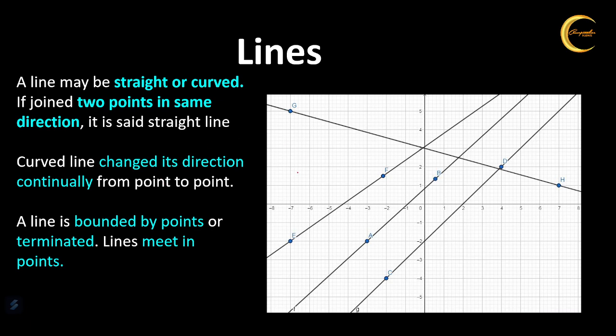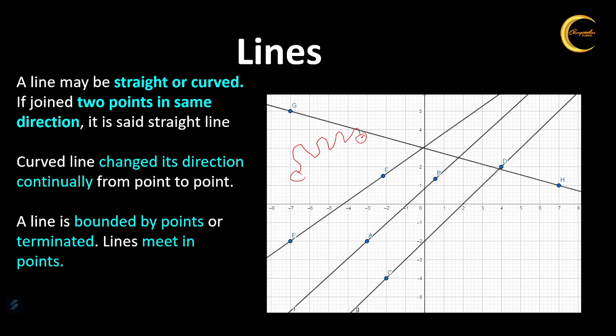So this is our starting point, and I have drawn a curved line and ended it at a point, and it is continuously changing direction. But a straight line does not change direction. It is just straight.